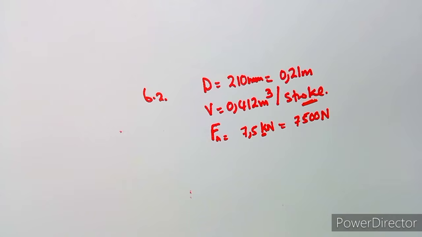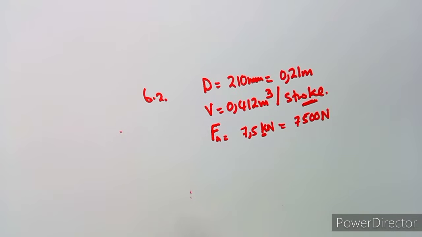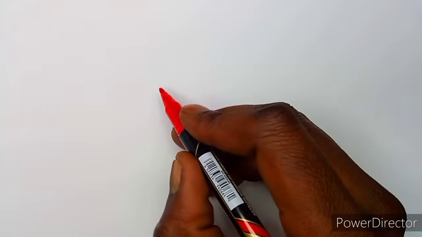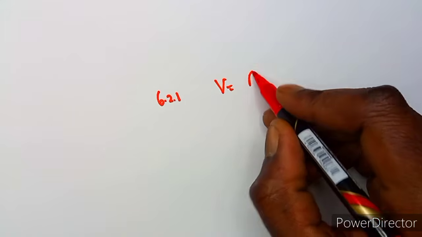Okay, so the first question is to calculate the stroke length, which is h if you're talking of a volume. Here we do not have efficiency and so forth, so we can take our volume directly into the formula, because we know that volume is equivalent to the area times the height.